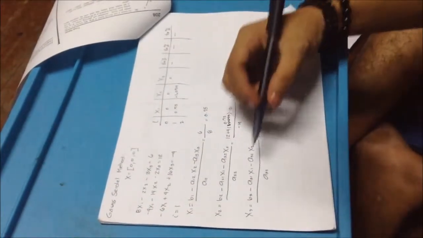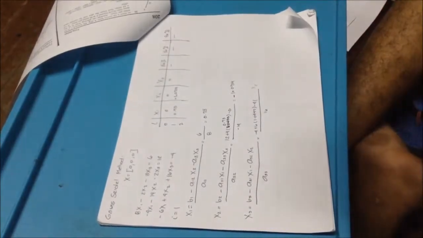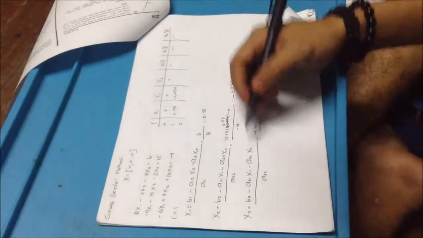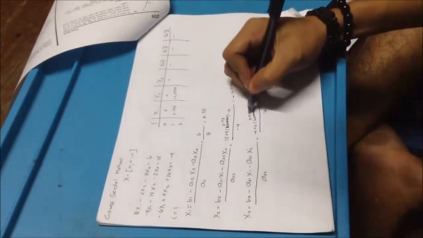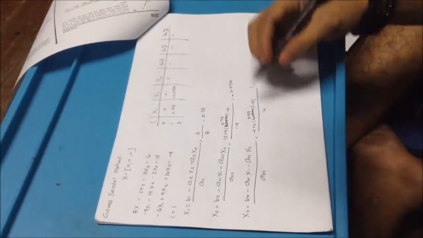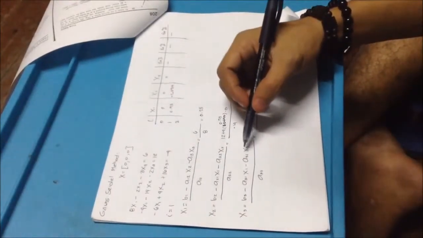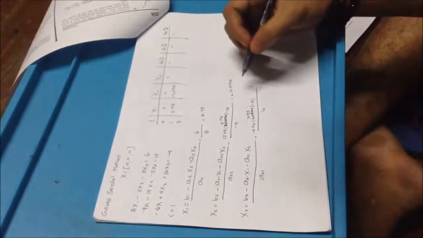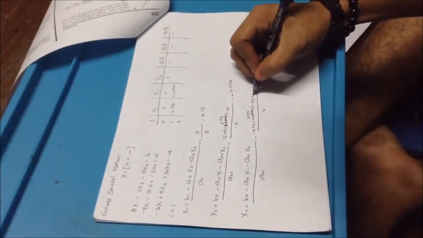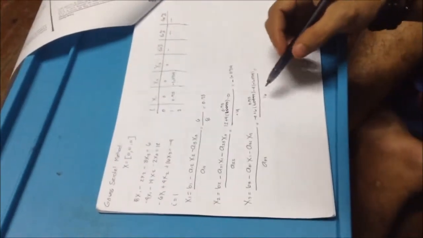plus 6, a sub 3 1, which is 6, multiplied by x sub 1, which is 0.75, minus 4, or the a sub 3 2, multiplied by x sub 2, which is negative 1.0714, over a sub 3 3, which is 16.